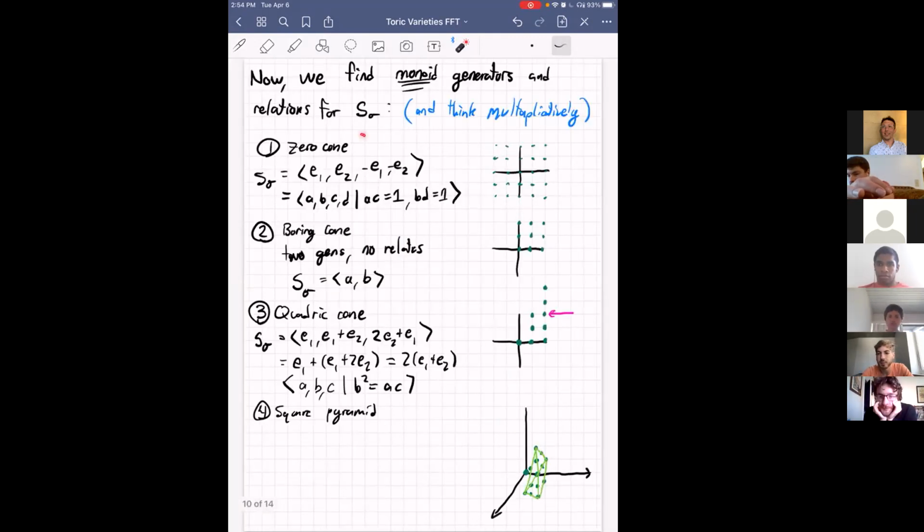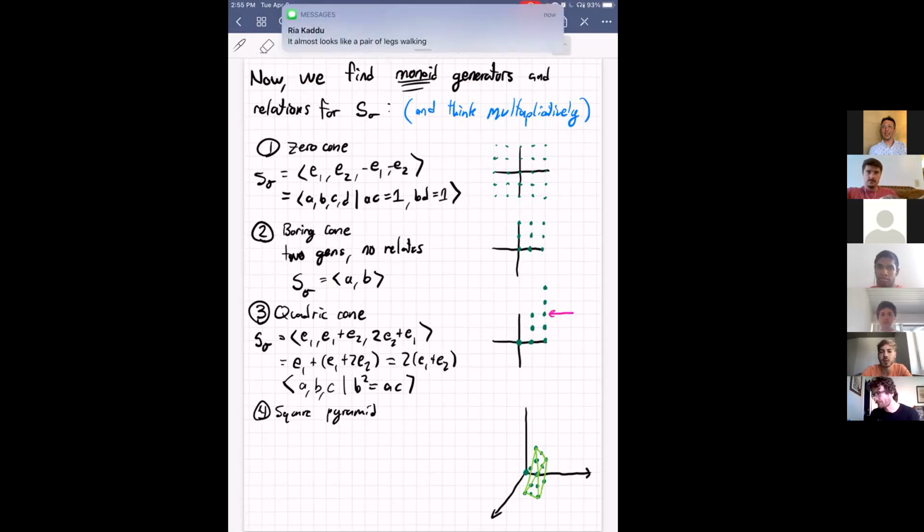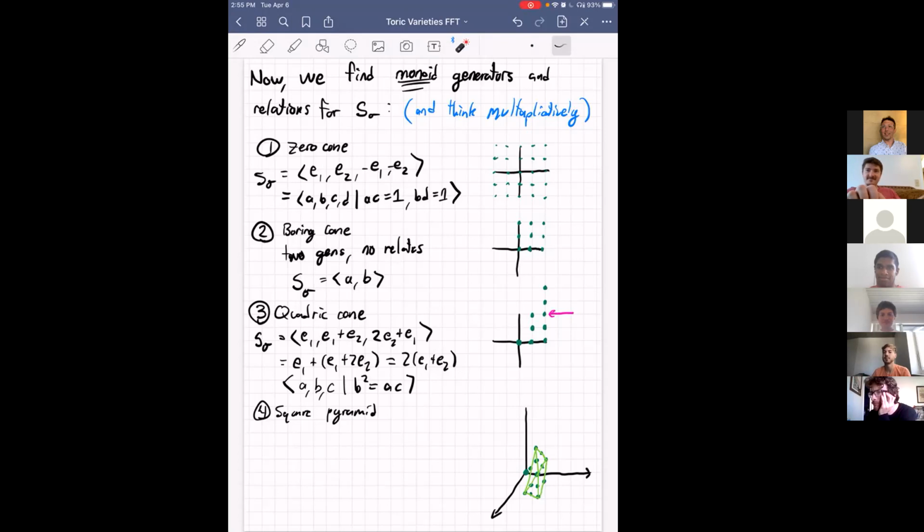Rather than just finding generators and relations, you can actually construct a ring which has those generators and relations. The ring is there kind of regardless. So if you have two different presentations of it, it'll end up being the same, just because they're going to be isomorphic rings.